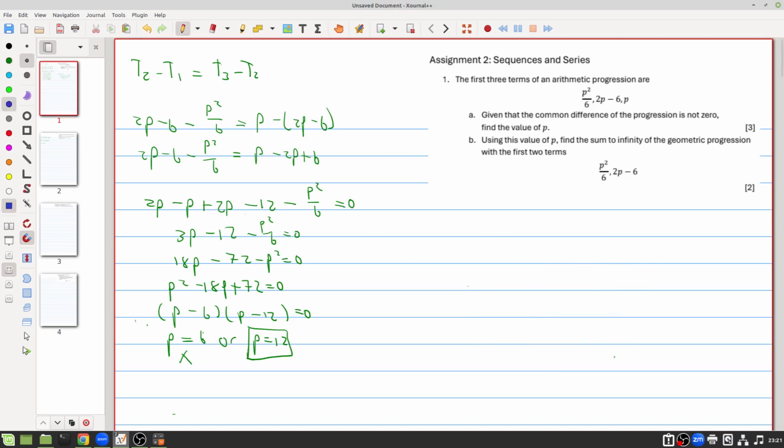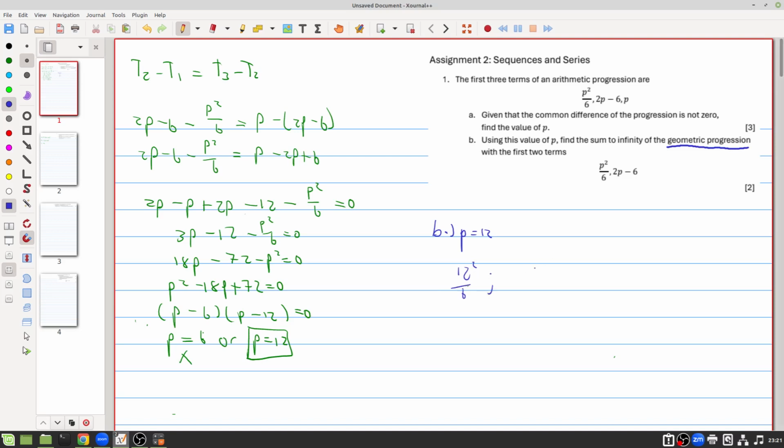Now question B, using this value of p. So we know p equals 12 is what we want to use. Find the sum to infinity of the GP with these first two terms. So let's work out the first two terms. The first term, p squared over 6, so 12 squared over 6, is 24.